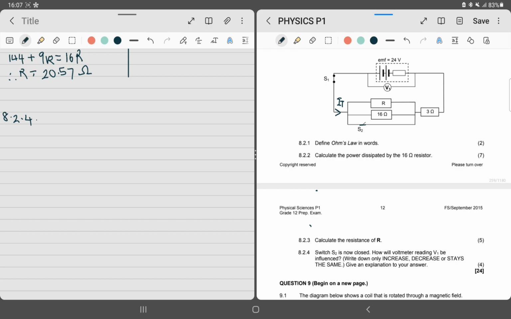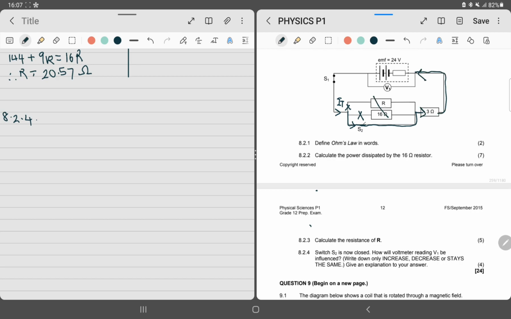Well, current always flows in the direction where there is less resistance. So the current will not go in this direction because we do have resistance there. It will also not go in this direction because we have resistance in the 16 ohm resistor. So the total current will flow in this direction and then go back, then all the way around.